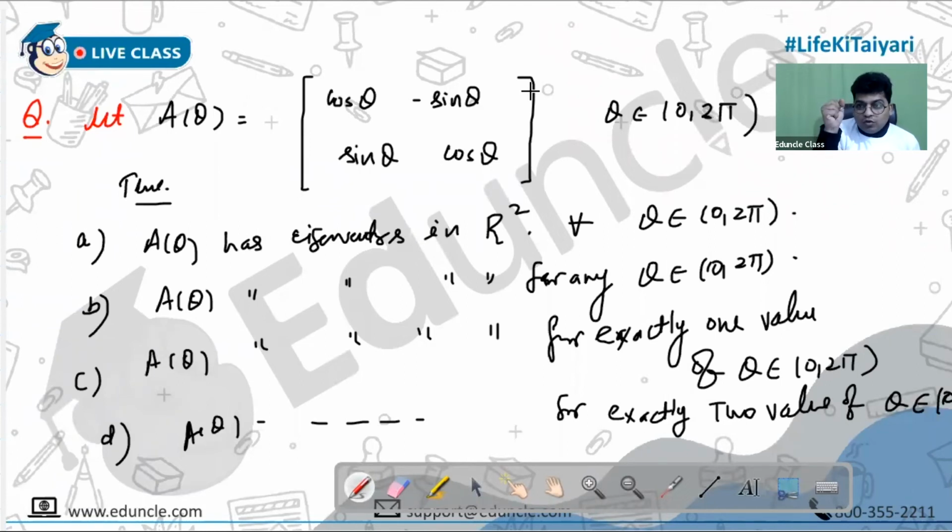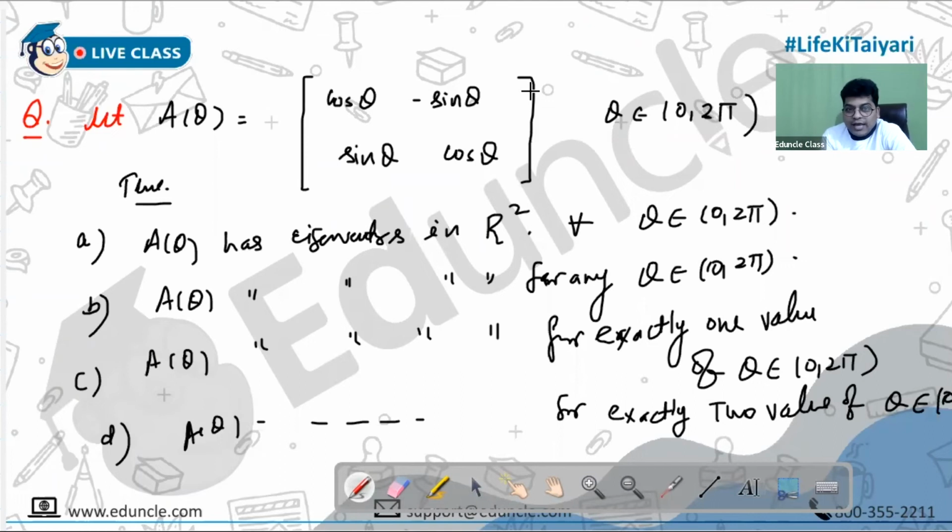Yes. Now the question is, what are the eigenvalues of this? What is the eigenvalue of an orthogonal matrix?